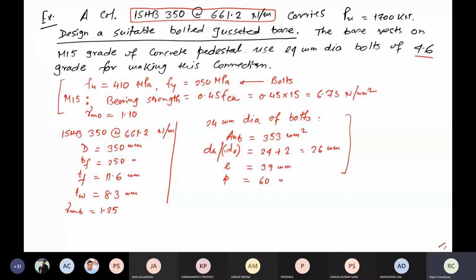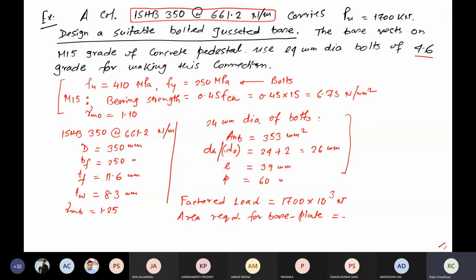Now, how much is the factored load that I have? The factored load is 1700 kN. So how much area is required for the base plate? First, let me find it out.